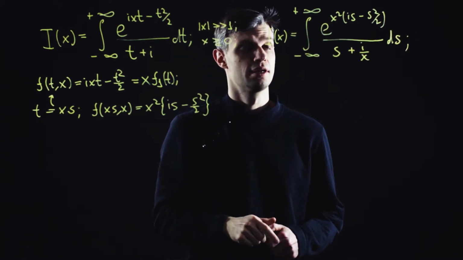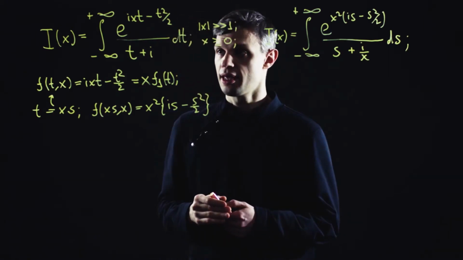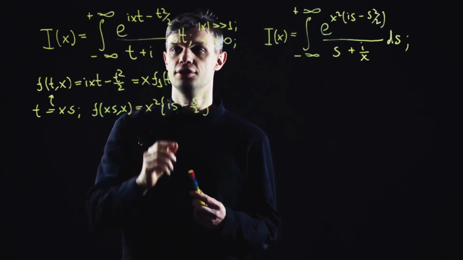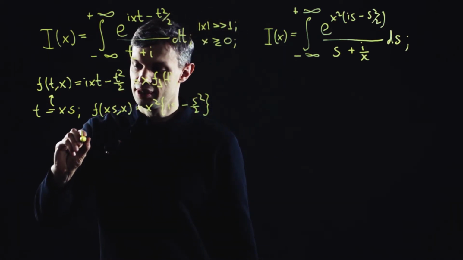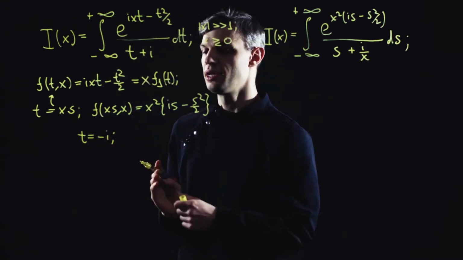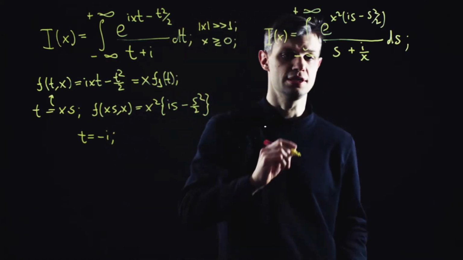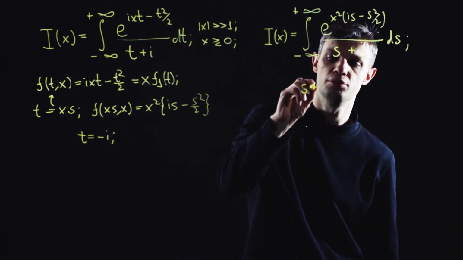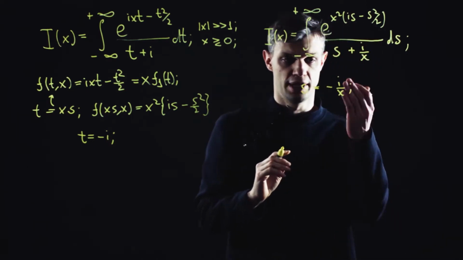But sometimes that kind of rescaling may lead to potential complications. Indeed, let's have a closer look at our integrand. The initial integrand contains a simple pole at the point -i, which is clearly independent of x. The transformed integrand contains the pole at the point -i over x, which depends on x.